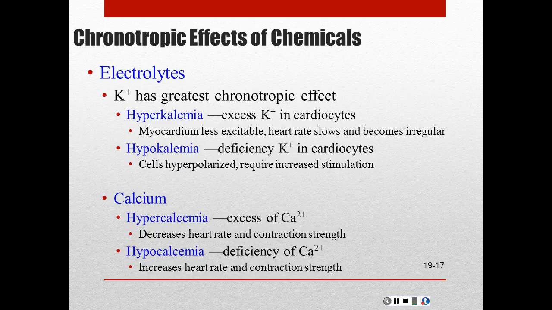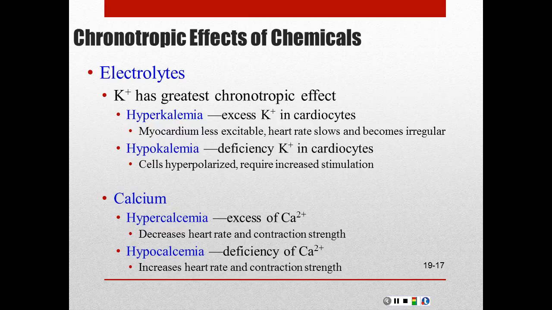So with the electrolytes, we have hyperkalemia, which is an excess of potassium ions that diffuses into the cardiocytes and keeps the membrane voltage elevated, inhibiting the cardiocytes' repolarization.